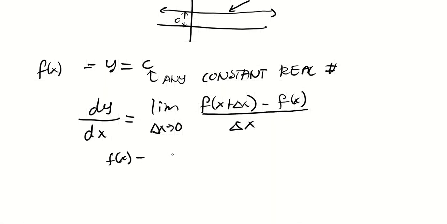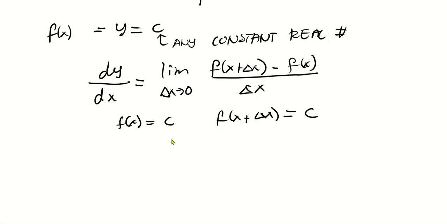If we take f of x plus delta x, there's no x in the function, so it will also be equal to c. Then if we substitute this into the definition, this will be the limit of c minus c, divided by delta x, as delta x approaches 0.